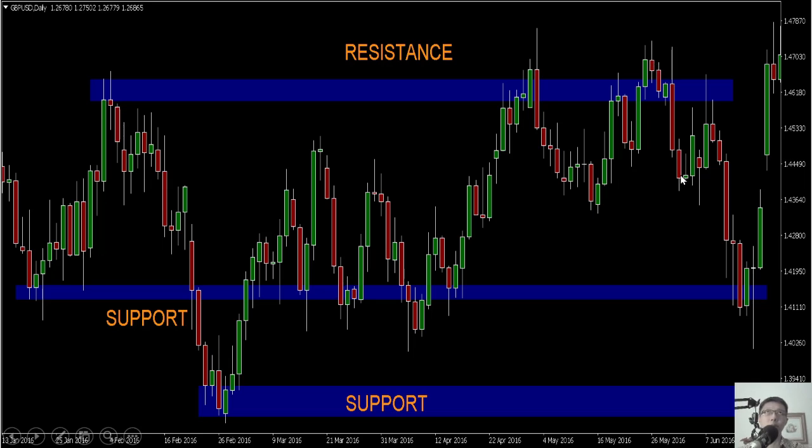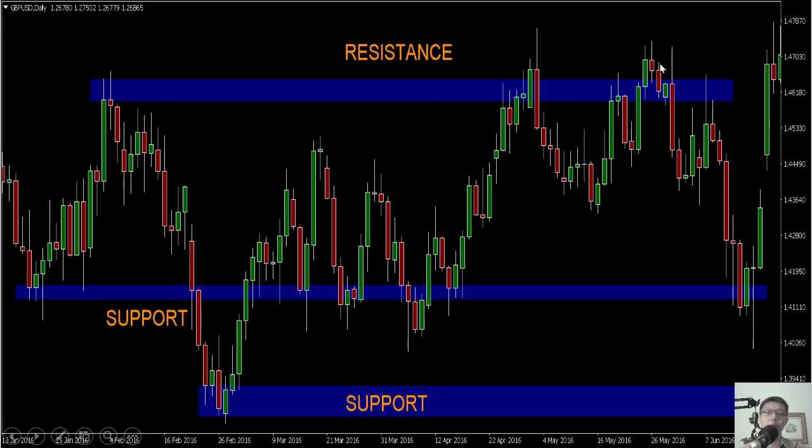Very important that you know, when the market is sideways like this, we have to be careful when we try to open a position. Don't try to buy at this upside. This is the high, this is the low.